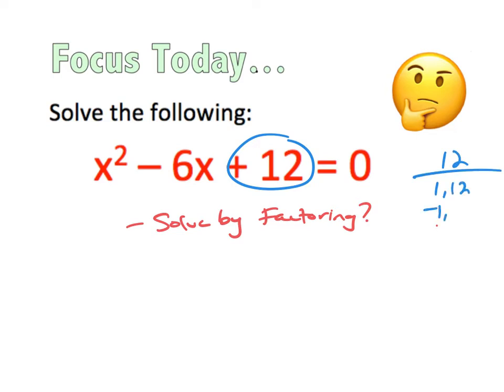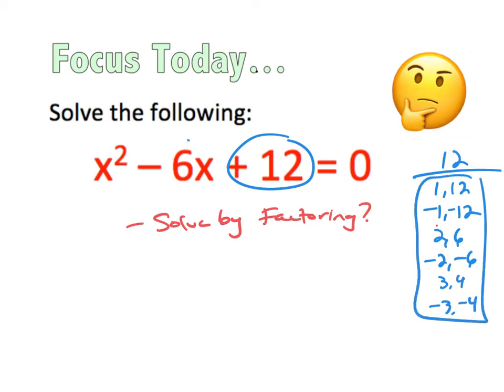We list all the factors of positive 12, both the negatives also, so 2 and 6, negative 2 and negative 6, also 3 and 4, negative 3 and negative 4. And then you look at the pairs and see which ones add up to the middle term here of negative 6. And if you look at all your pairs, they don't end up being pairs that add up to negative 6. So we can't do this by factoring. In fact, that polynomial originally is not factorable.